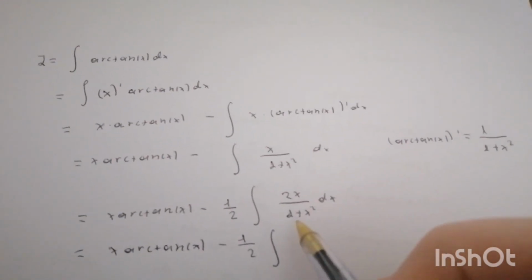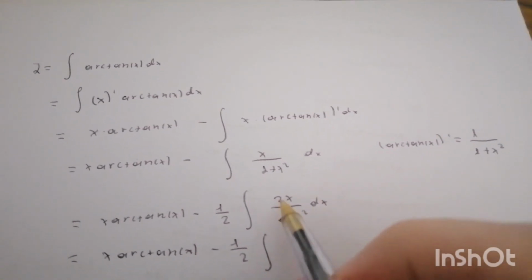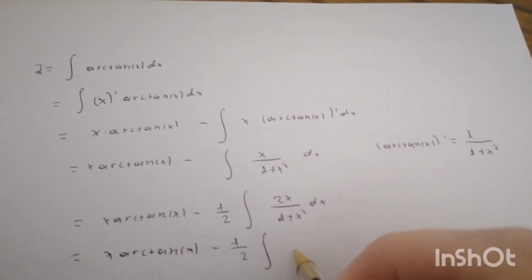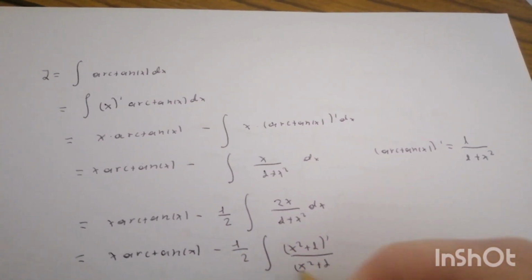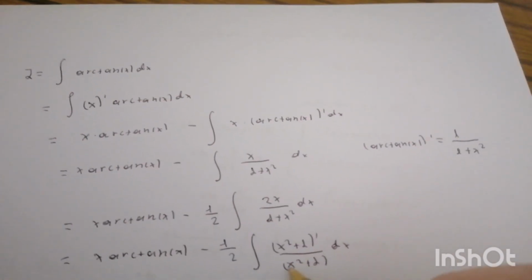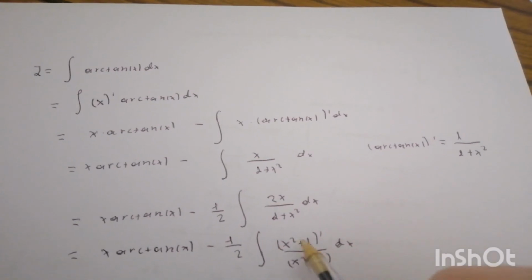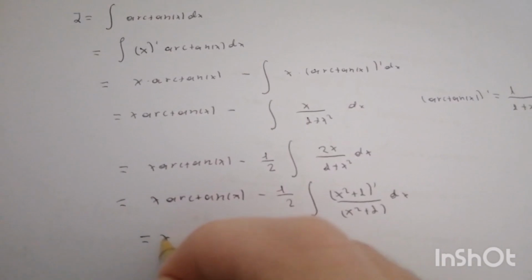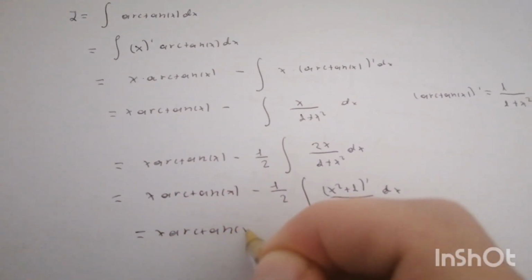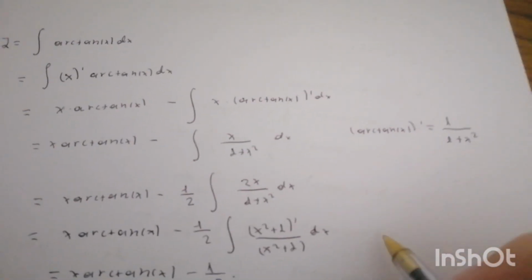So you notice that the derivative of the denominator is the numerator. You can notice this pattern here: the derivative of x squared plus 1 is 2x. Of course, now you have to be a little bit careful.